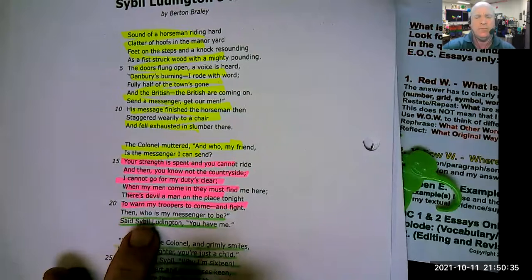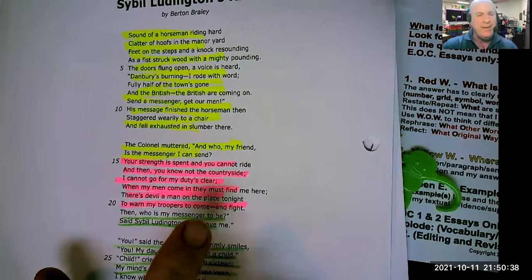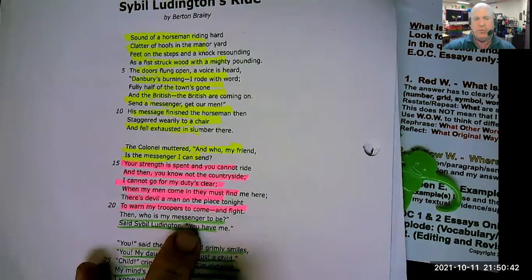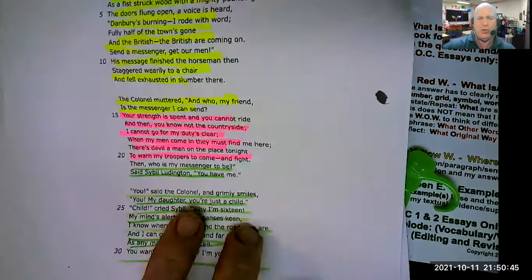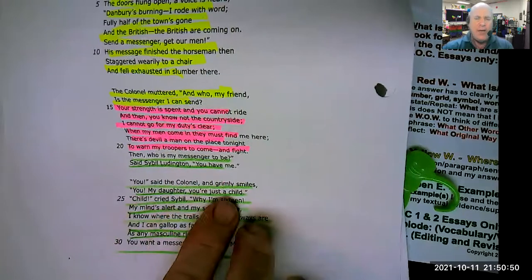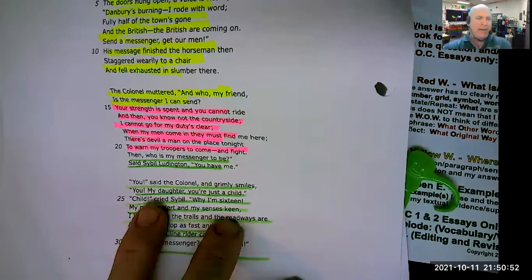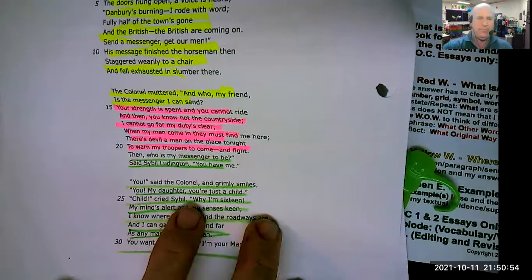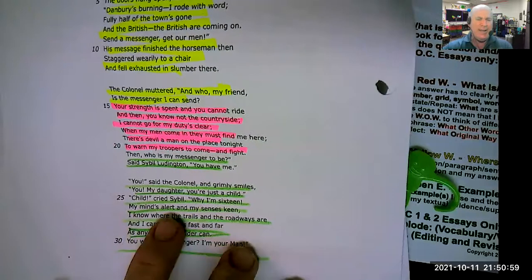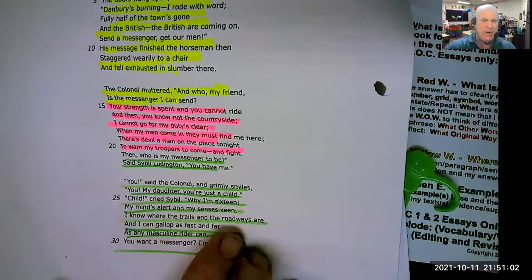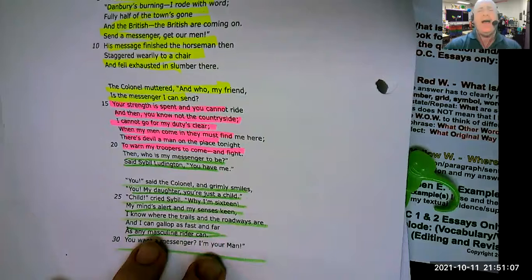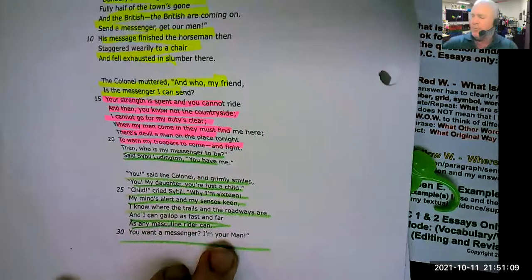Said Sybil Ludington, "You have me." "You," said the colonel, and grimly smiles. "You, my daughter, you're just a child." "Child," cried Sybil. "Why, I'm 16. My mind's alert and my senses keen. I know where the trails and the railways are, and I can gallop as fast as far as any masculine rider can. You want a messenger? I'm your man."